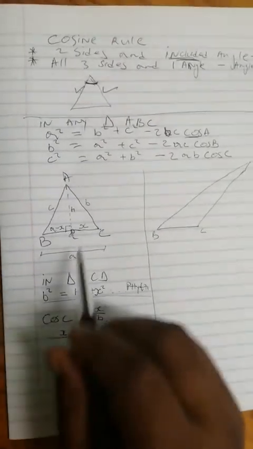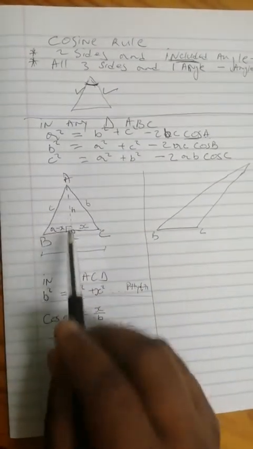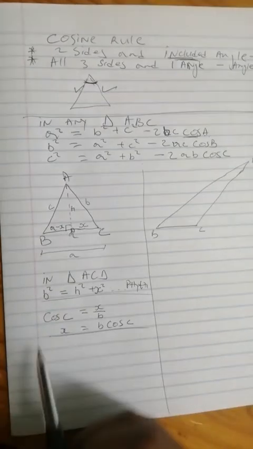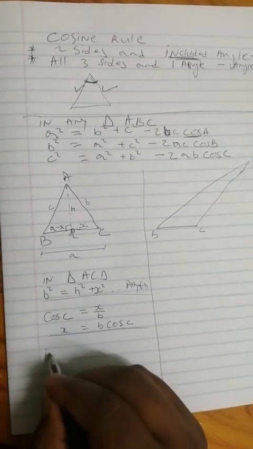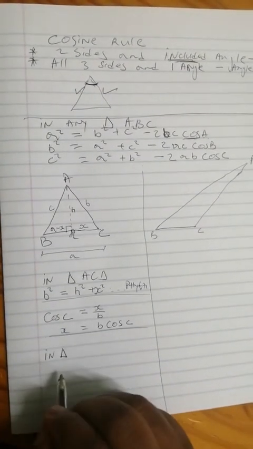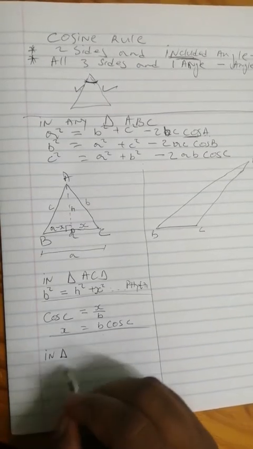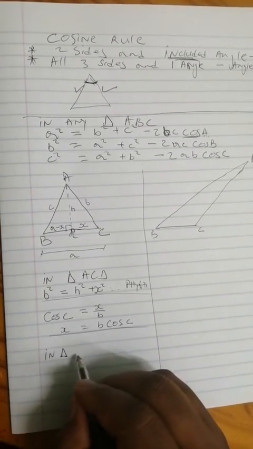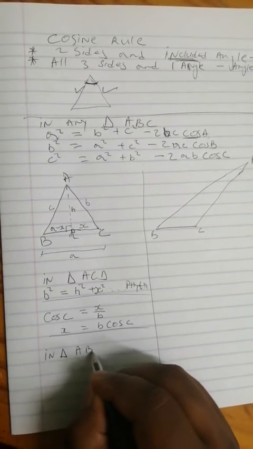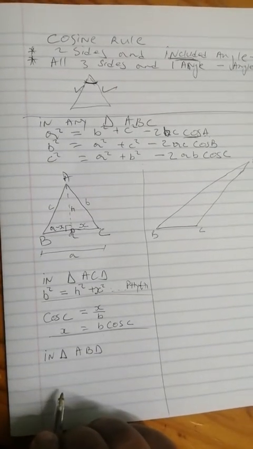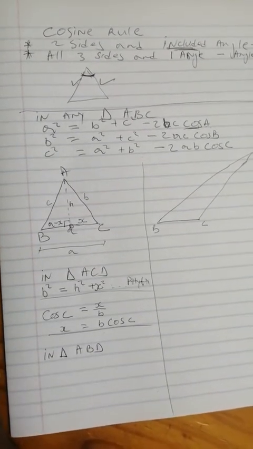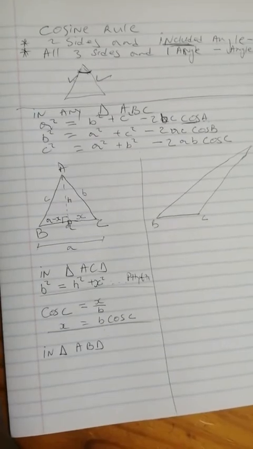Now let us look into another triangle. We were looking at this triangle in the beginning, but now I want us to look at triangle ABD. In that triangle, let us do Pythagoras theorem.